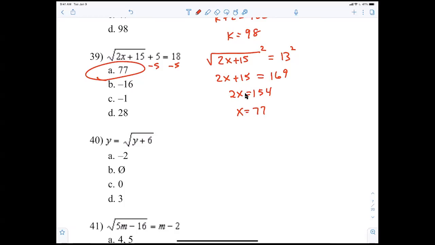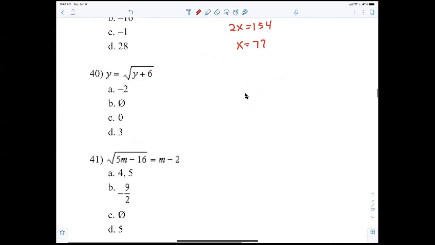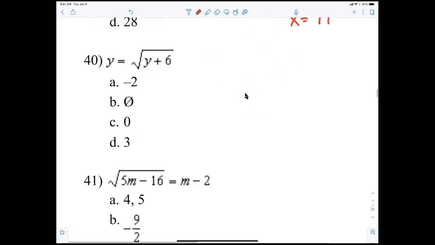Anybody have any questions? All right, now for 40, what am I doing to both sides? Squaring both sides. y squared equals y plus 6. Now, this is a quadratic, so I have to set it equal to 0.